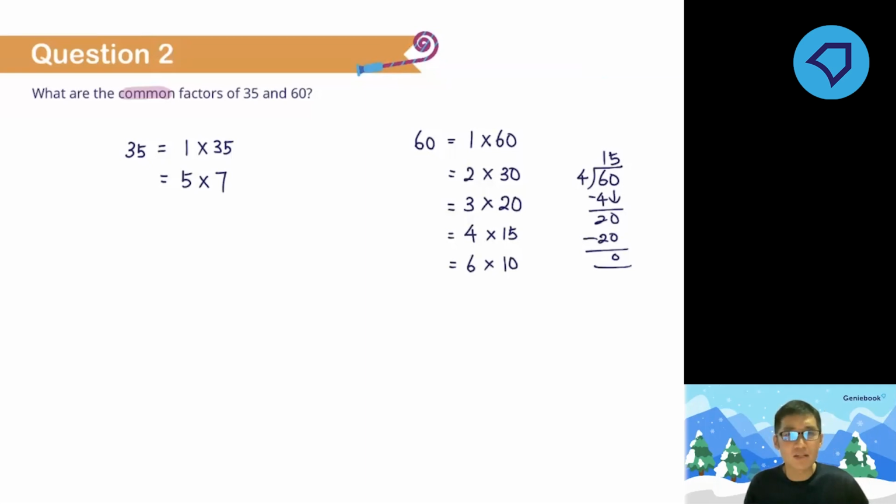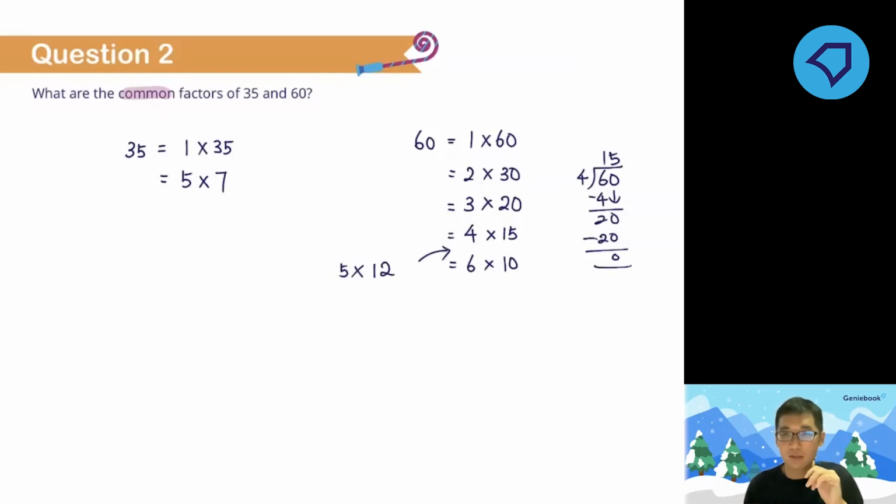Okay, how about 7, 8, 9? Are those numbers that can divide 60 exactly with no remainder? Oh, I missed out 5. Oops, sorry, why did I miss out 5? Yeah, thank you. 60 is divisible by 5 as well, and this is 5 multiplied by 12. Then 7, 8, 9, those are not numbers that can divide 60 exactly.